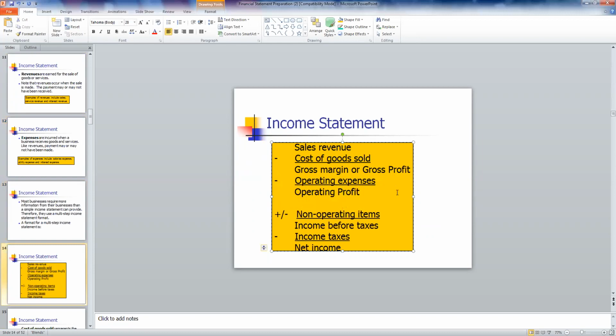And that's really as far as we're going to be interested in focusing during this semester. These other items that are below the operating profit level get into a lot of very specific accounting details that you would only study if you were taking advanced accounting courses.